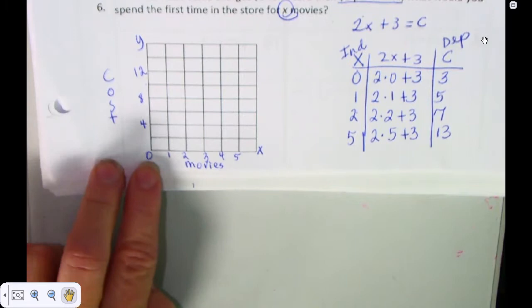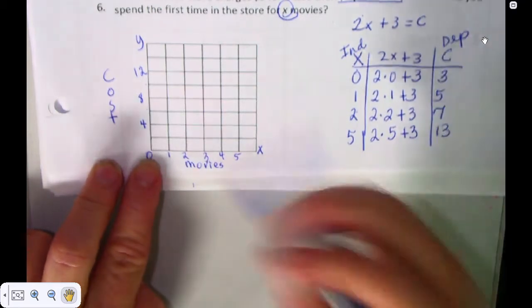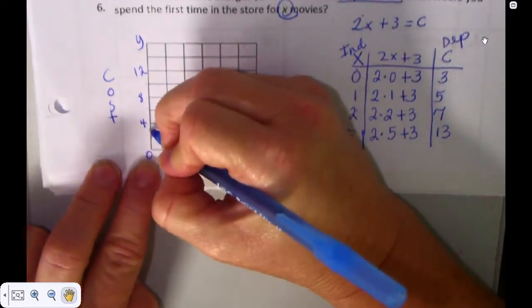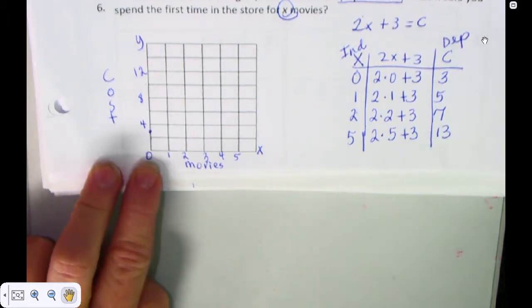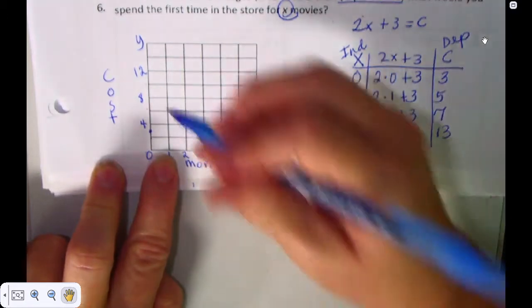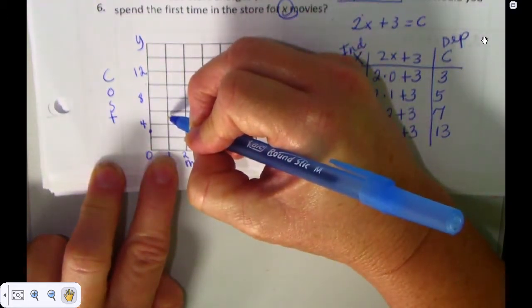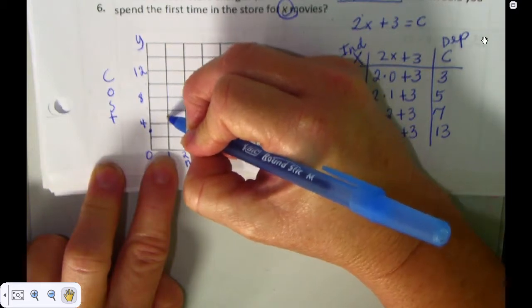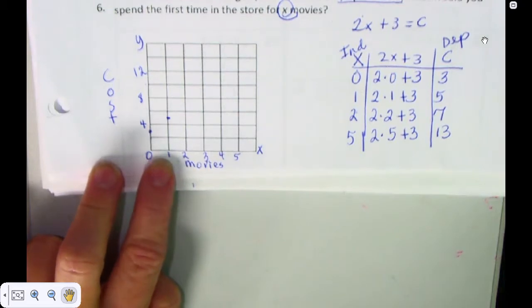Okay, now we're going to go graph it. 0 is what? 3. So that's 2. So 3 will be between 2 and 4. 1 is 5. So 5 is going to be between, yes, I was waiting for somebody to say that. 5 is between 4 and 6.